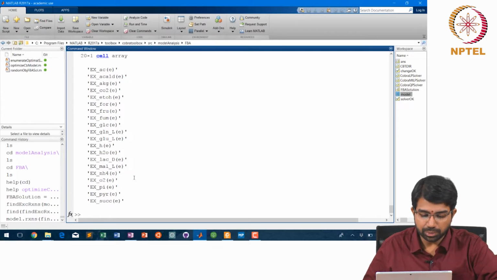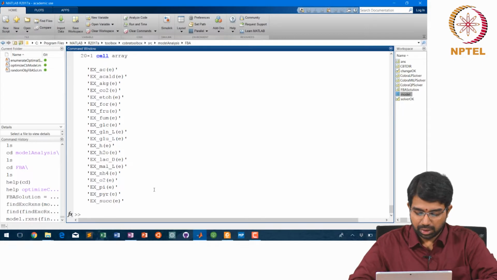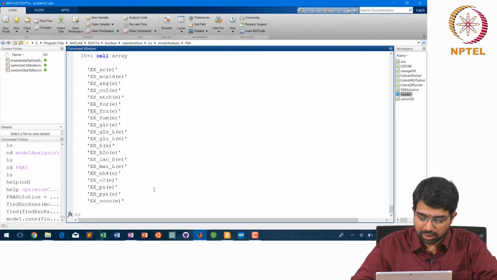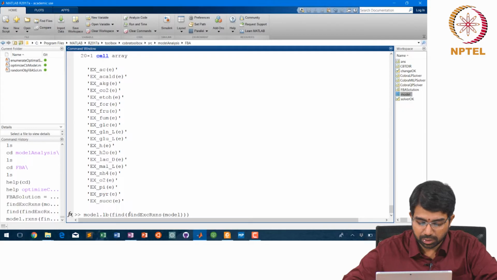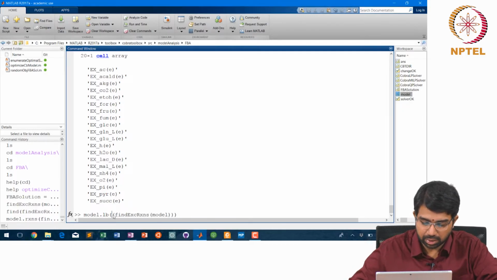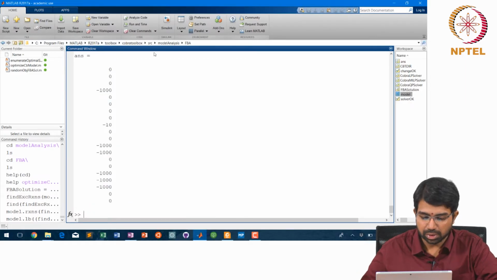So, now you may want to figure out what the glucose uptake is, right. So, let us look at all these lower bounds and upper bounds. I want you to recall how we do logical indexing in MATLAB. So, this is basically a logical vector and I can just use this.